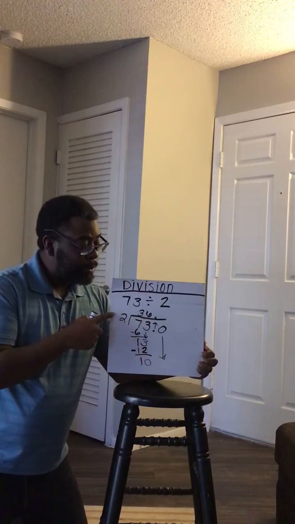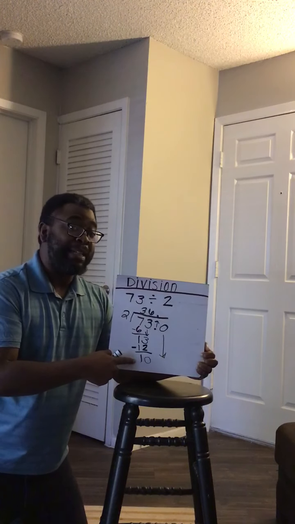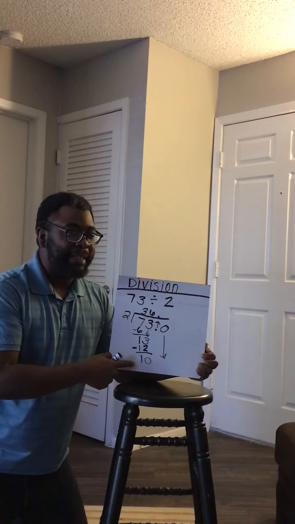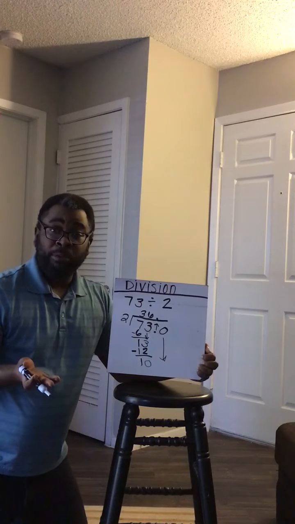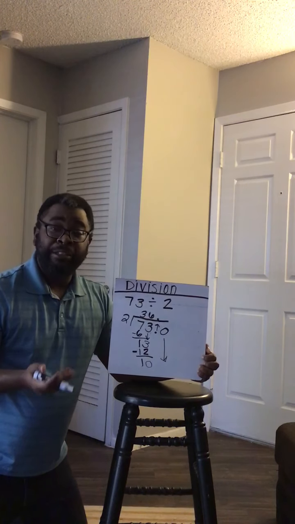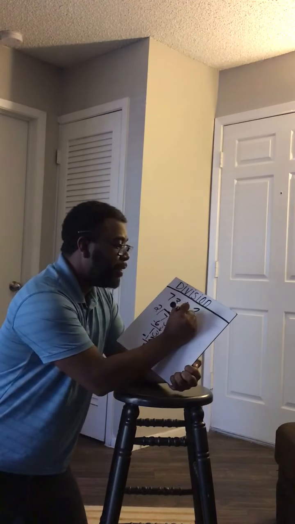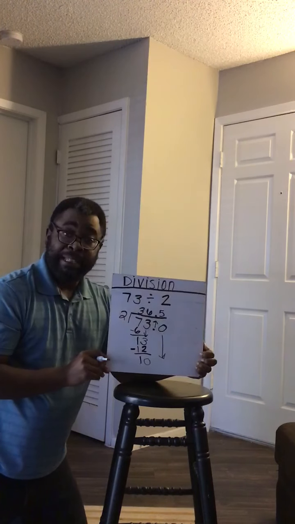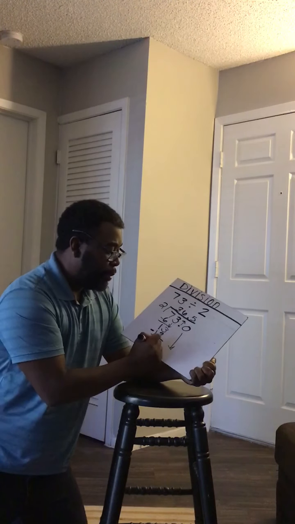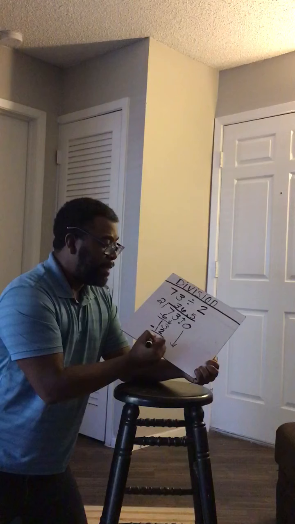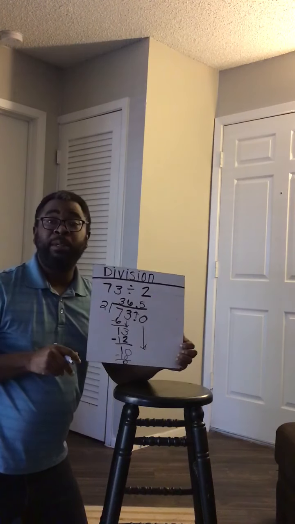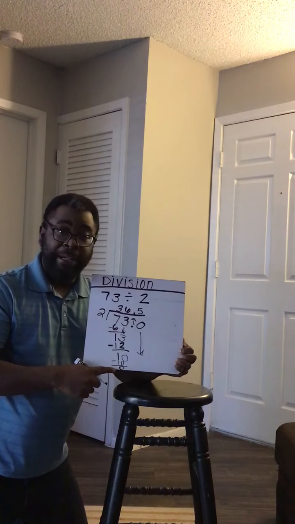Or 2 times what gets me 10, or as close as I can get? Using that multiplication chart, I know that 2 times 5 gets me 10. 5 times 2 is 10. 10 minus 10 leaves me with 0, no remainder.